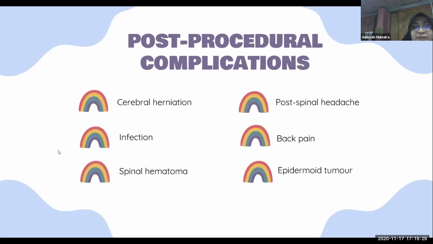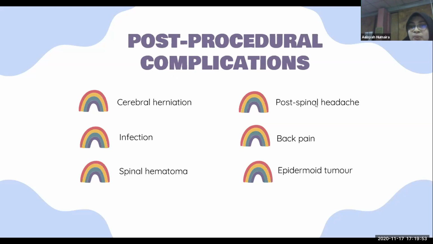Second is infection. As I stated earlier, if there is infection at the site of lumbar puncture, it can induce meningitis and other infection. Thirdly is spinal hematoma. Spinal hematoma is a complication where lumbar puncture is done in a patient with an uncorrected bleeding disorder.